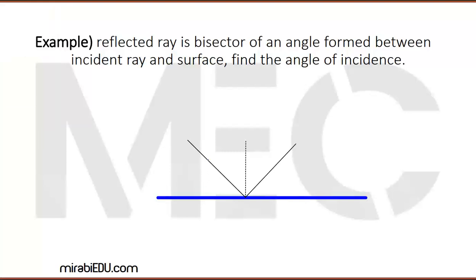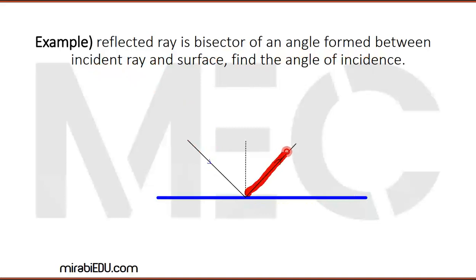So this is the incident ray, and this is the reflected ray. Now what does the question say? The question says the reflected ray is the bisector of an angle formed between the incident ray and the surface.